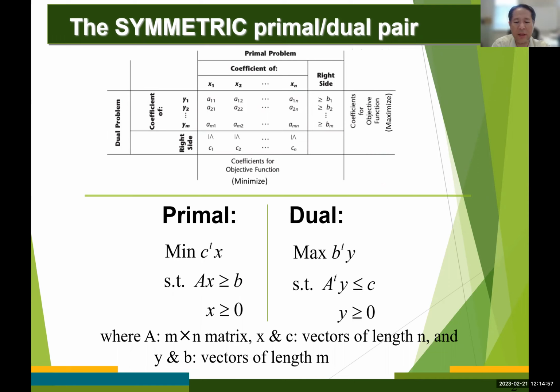Likewise, for every inequality constraint in the primal LP, there is a corresponding dual variable. And the right-hand side vector b of the primal LP serves as the objective function coefficient vector of the dual LP. And the objective coefficients of the primal LP serve as the right-hand side of the dual LP, right?